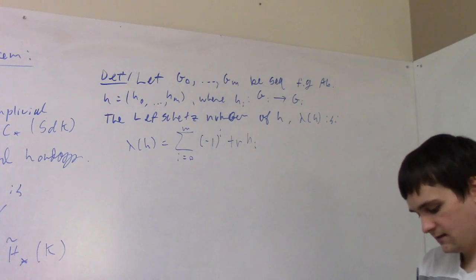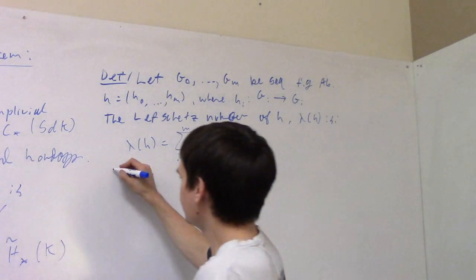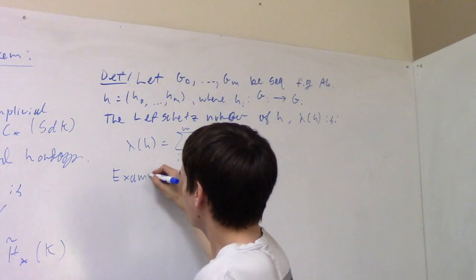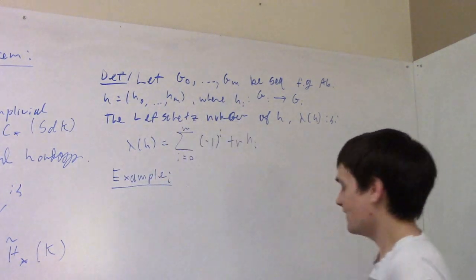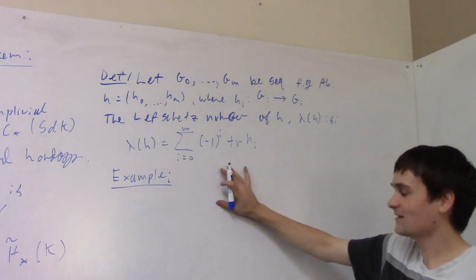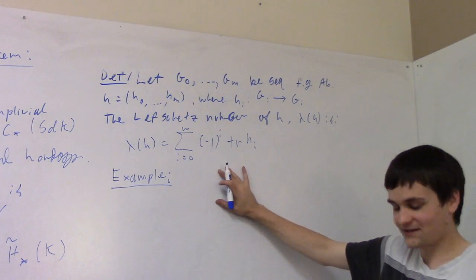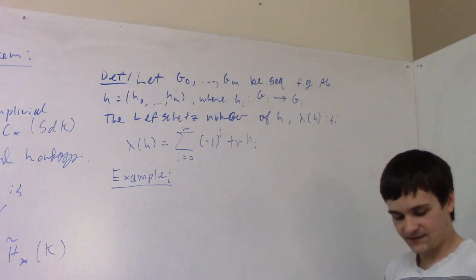So, example. I think this is really interesting. Of course, it kind of looks like the Euler-Poincare characteristic, but it's using traces. So example 9.7 here.